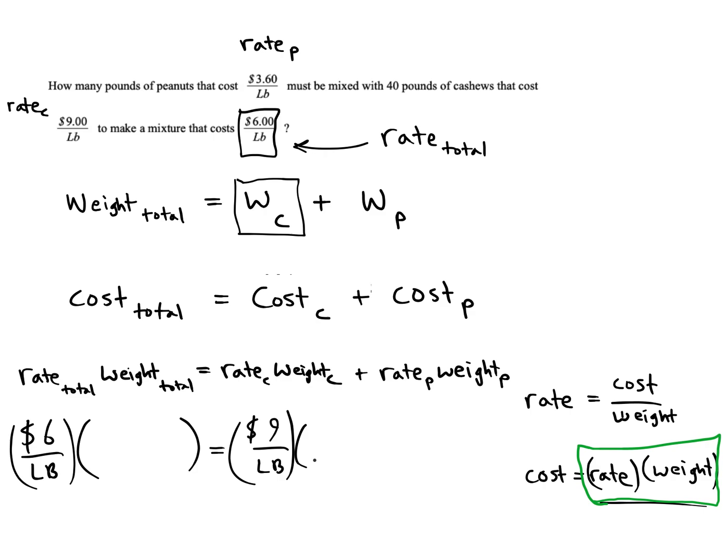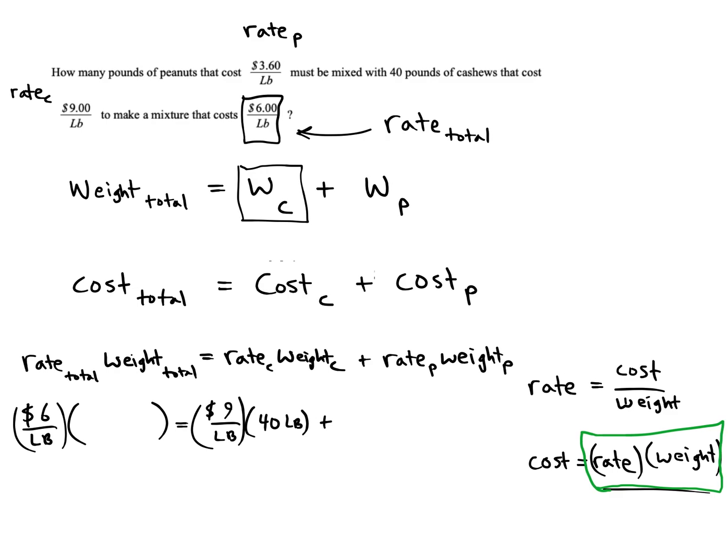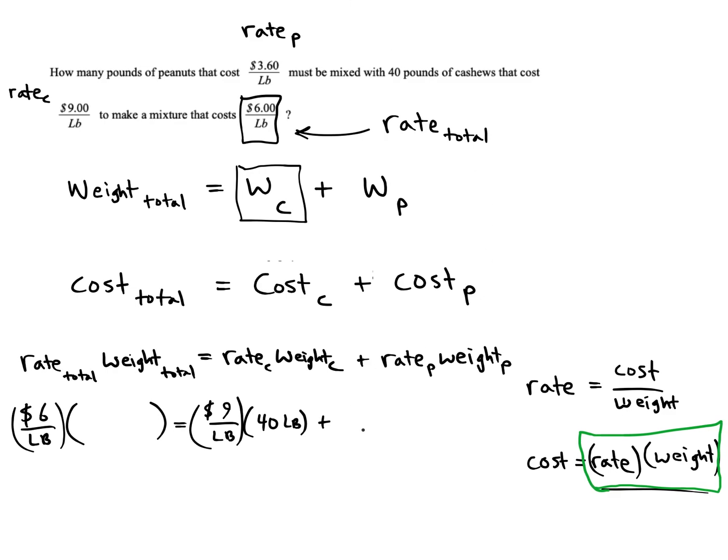And we know the weight of the cashews is 40 pounds. Our rate of peanuts is $3.60 per pound, and we just don't know the weight.